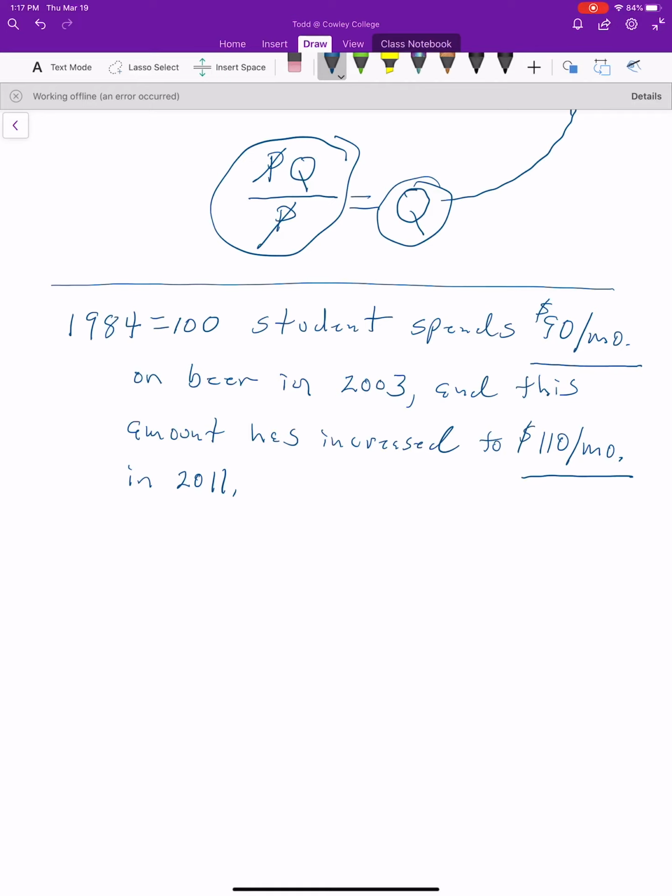So in nominal terms, it looks like we have an emerging alcoholic going on here. But my question is, in real terms, did this person spend more money on beer? The answer is, at least right now, we don't know, because we're trying to compare two nominal values against each other.